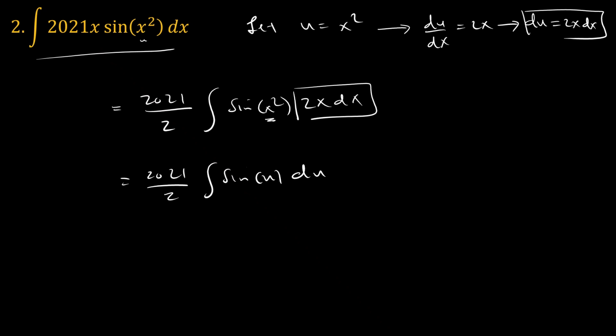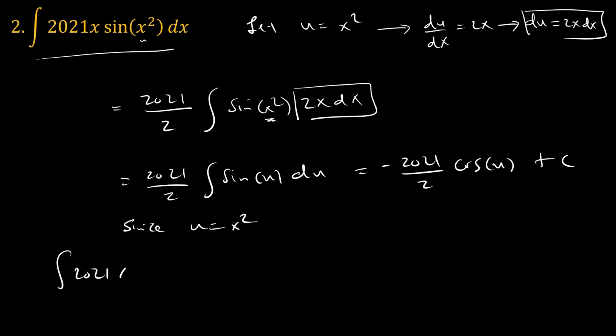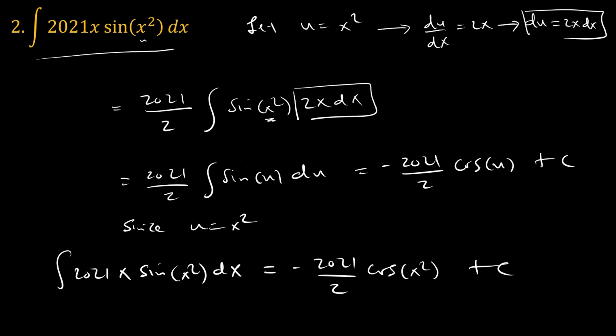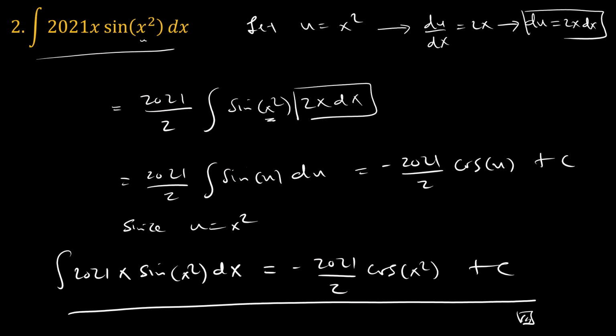Okay, so this is a very simple integral, so this is the same as negative 2021 over 2 cosine of u plus c, and so since u is equal to x squared, our problem 2021 x sine of x squared is equal to negative 2021 over 2 cosine of x squared plus c, and that is how we would solve it. As simple as that.